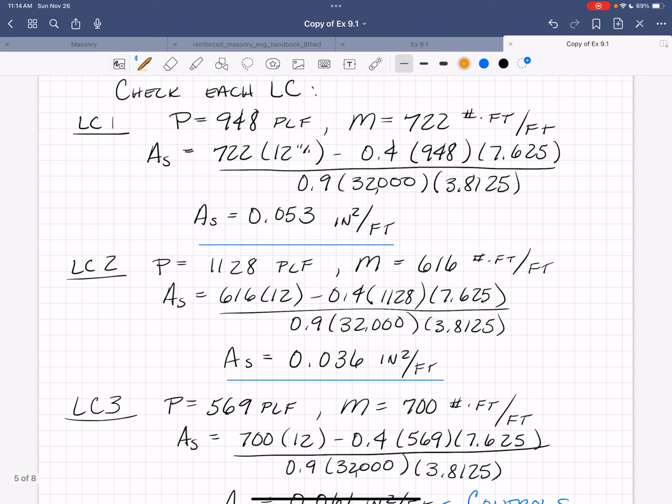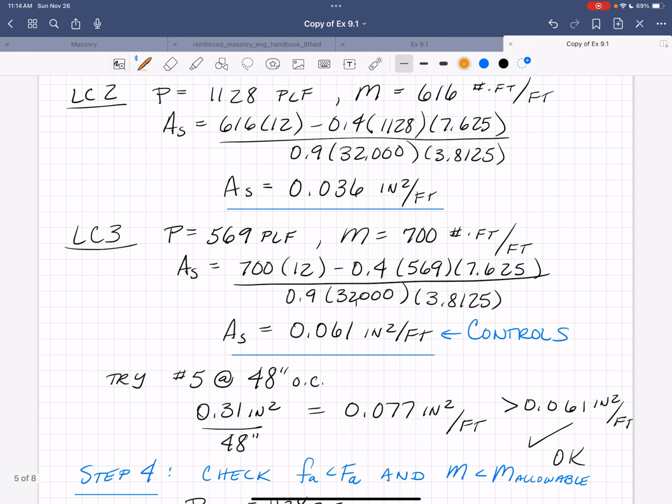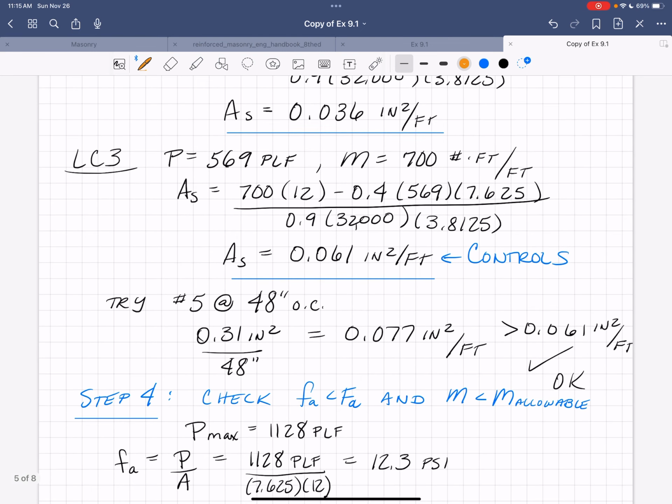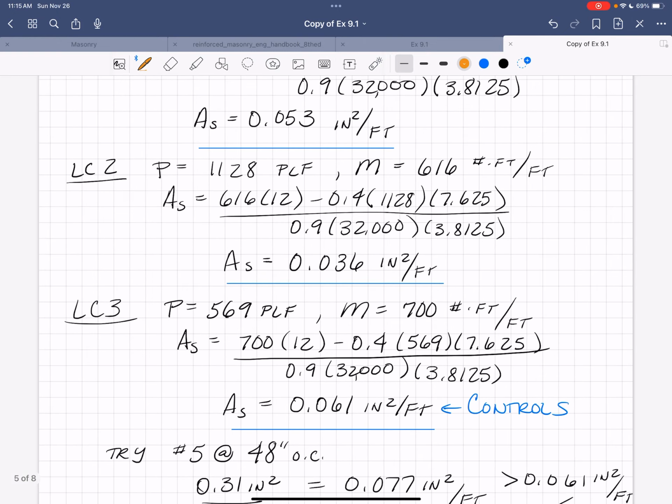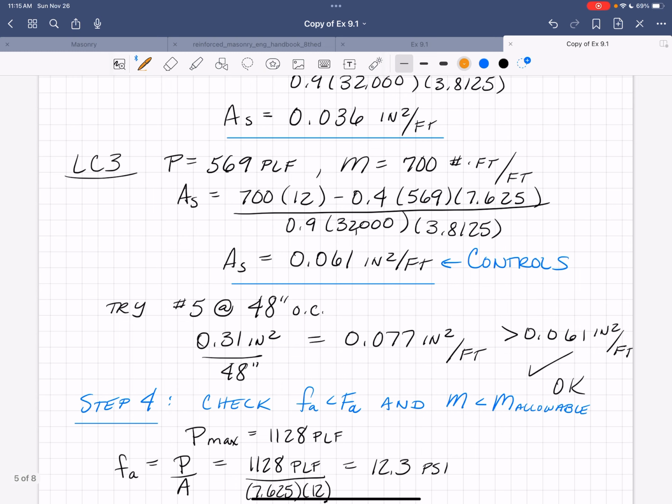It's also not that bad by hand. All right, so for load case 1, I just copied back down what axial and moment we have and put that in the area of steel required equation. I got 0.053. Same thing for load case 2 with its P and M: 0.036 inches squared per foot of wall. And finally, load case 3, I got 0.061 inches squared per foot of wall, which happens to be the largest one. Okay, so that's the controlling area of steel.